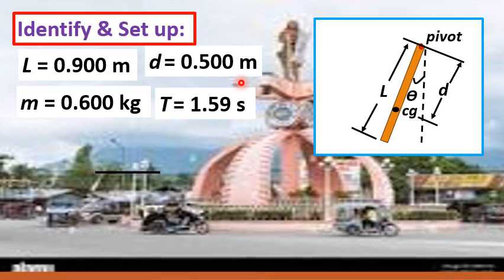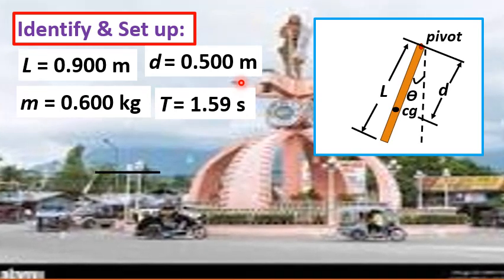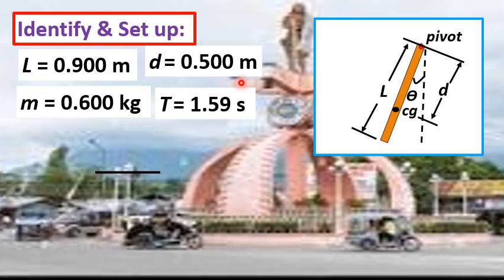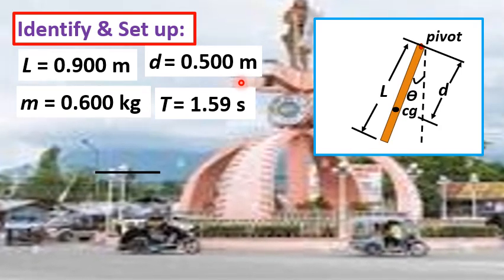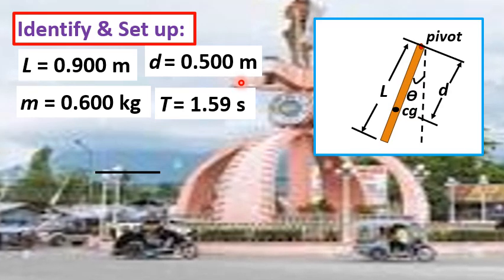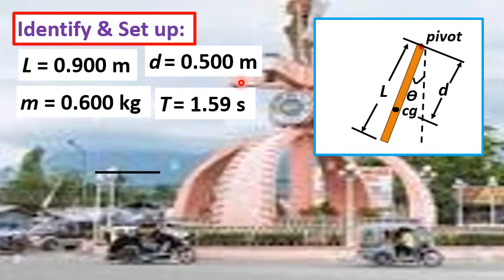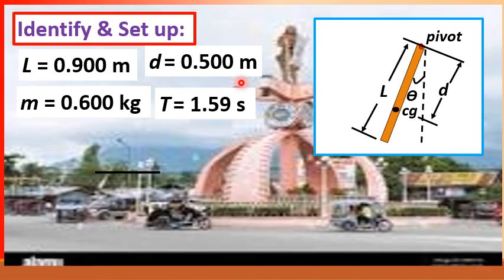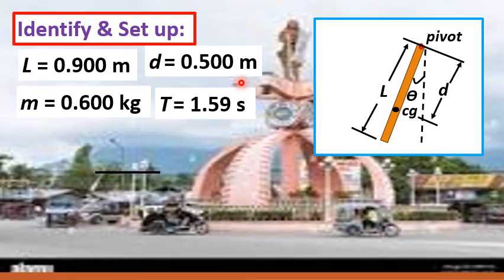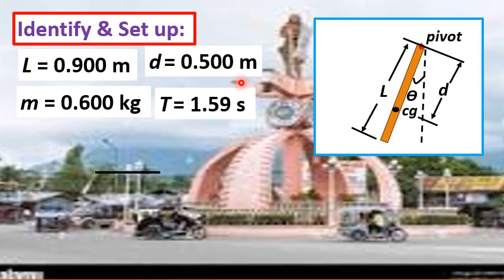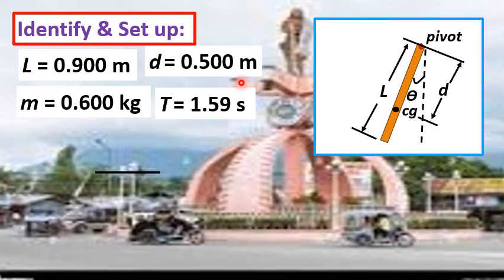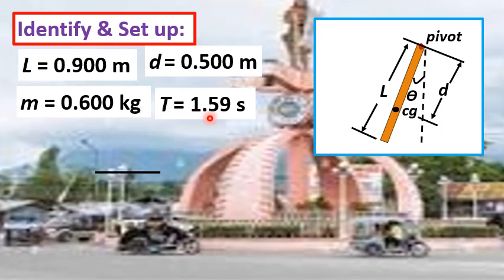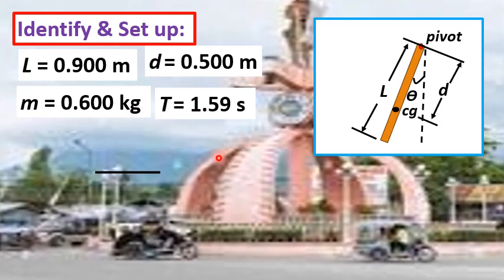The rod behaves like a physical pendulum because it is suspended from an axis of rotation. So we can assume that its amplitude of oscillation is small, right? Hence, it can be approximated as moving in simple harmonic motion with a given time period denoted here as capital T, and it is equal to 1.59 seconds.